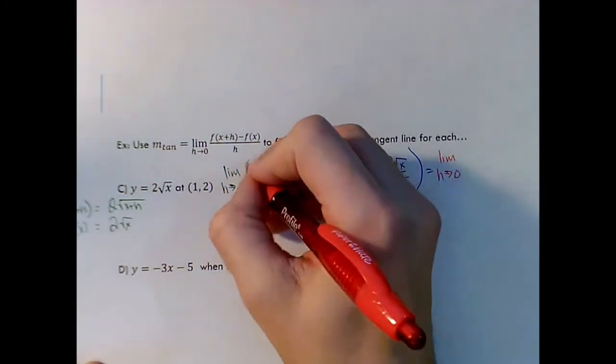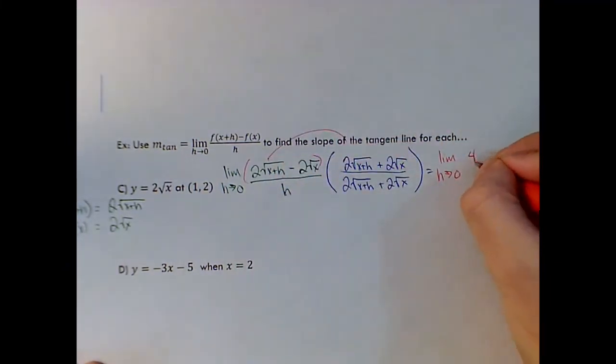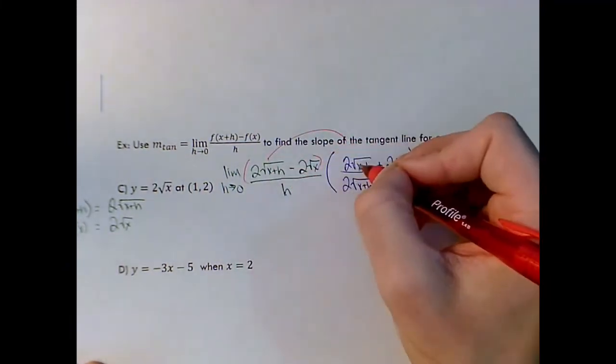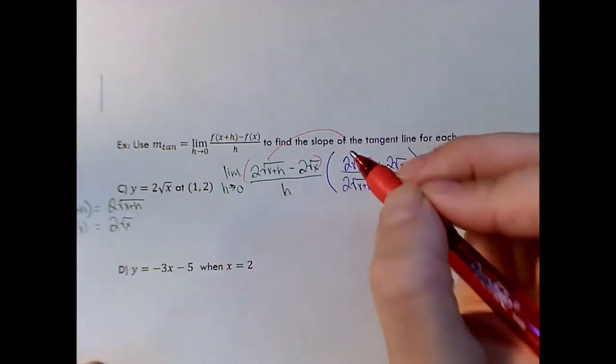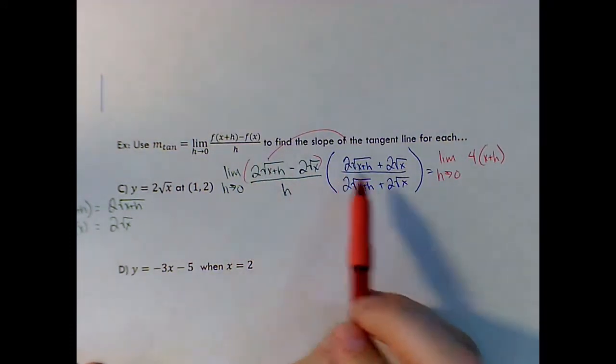FOIL up top. You get 2 times 2, which is 4, times x plus h, the root of that squared, which becomes x plus h. Okay, if that was too fast for you, 2 times 2 is 4.